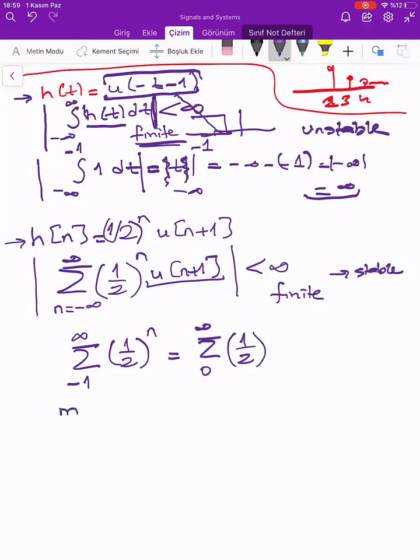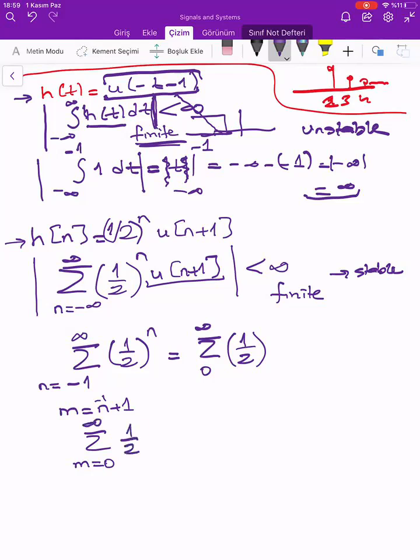do it like this. m is equal to n plus 1, right? Then my summation variable will be -1 plus 1, which is 0. Infinity plus 1 is infinity.